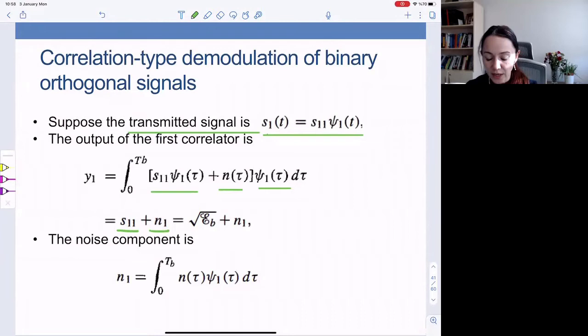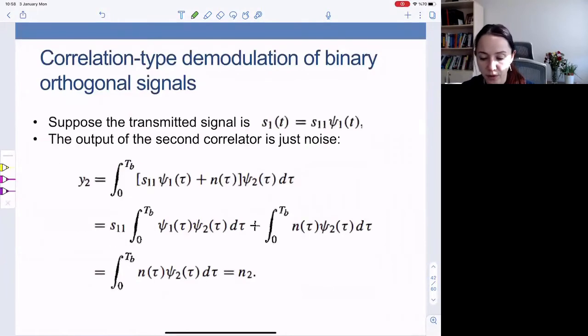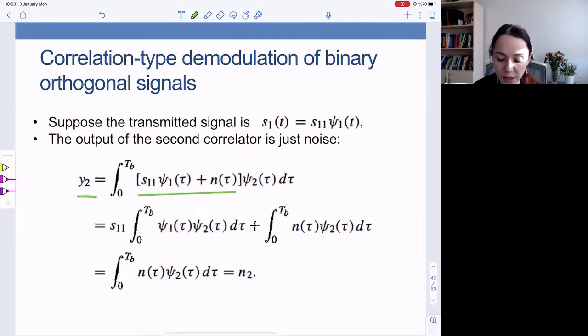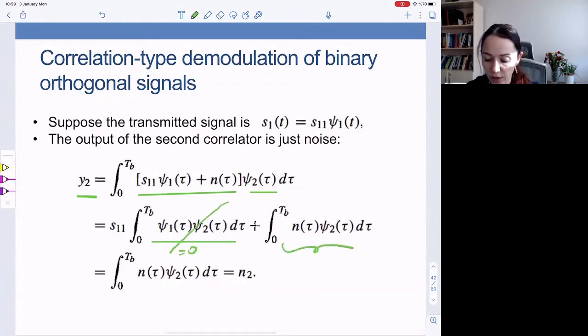But S11 is square root of EB, so square root of EB plus N1, where the noise component is again AWGN. The output of the second correlator is just going to be noise, because by the orthogonality of phi1 and phi2, we're going to have this term being 0, and we're going to have just noise coming out of that correlator.